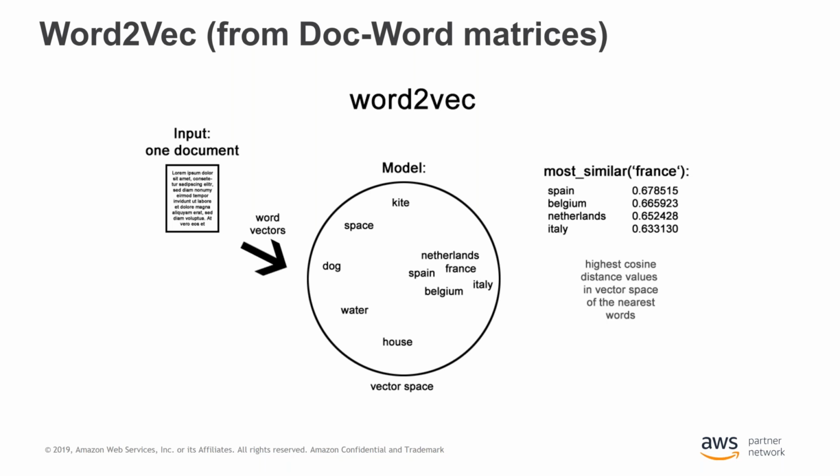Now, there's a lot of approaches to this particular problem, but in general, the outcome is sort of given by this model in the center. So if you go through this large corpus and you take groups of words, you'll begin to see that words like Netherlands, France, Spain, Italy tend to be clustered together. Now, these are n-dimensional spaces, and we reduce them to 2D just so you can kind of get the concept here. But Word2Vec is a very common and necessary aspect of doing natural language processing.